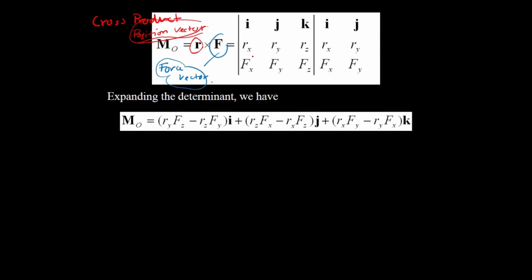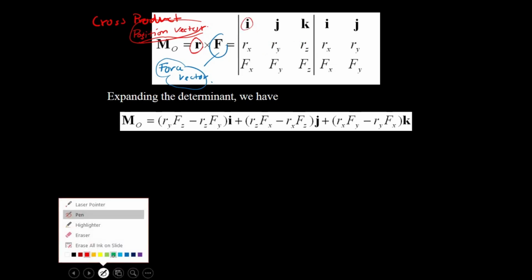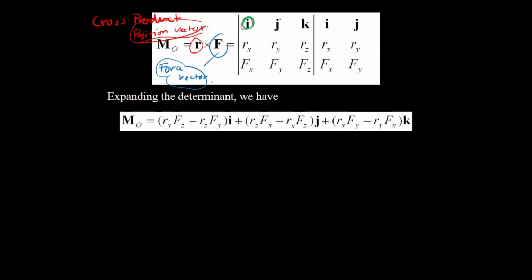When you got it, you just put it in the form like this one, the unit vectors i, j, k on the top. And the position vector: R sub x i, R sub y j, R sub z k.